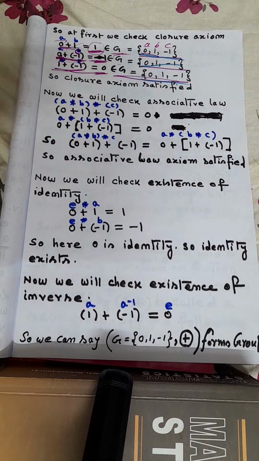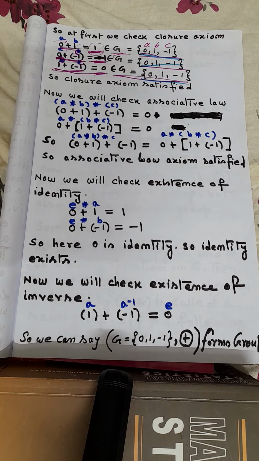So we can say that the closure axiom is satisfied. What was the definition of the closure axiom? Closure axiom says that if you do the binary operation of any two elements of this set, the result produced will also belong to this set.